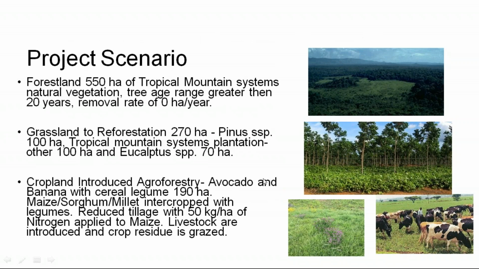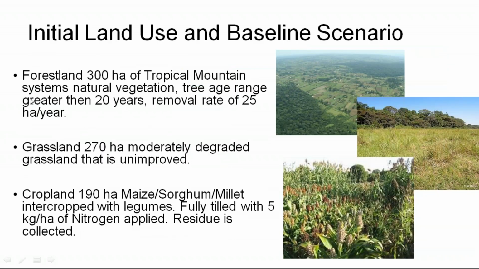So under our project scenario, what we're going to do is we're going to maintain all of our forest land area. So I should start off by saying this is actually at the end of the baseline. We're only going to end up with 300 hectares. We start off with 550 hectares of native forest, and we're going to lose 150 hectares of it under our baseline scenario.